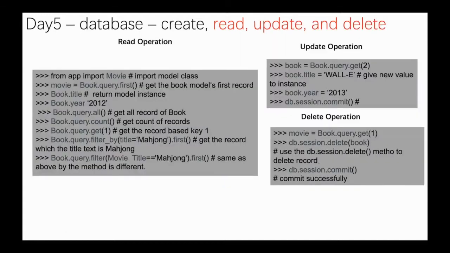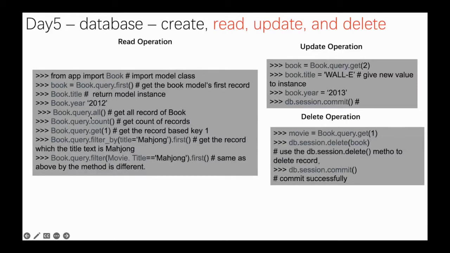In the Flask command shell, for example, from app import the Book model class, and then Book. Get the Book model's first record, and also we can get the book's title and the book's year, for example 2022.